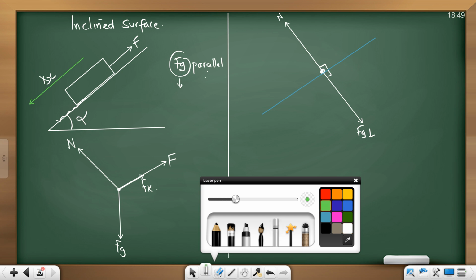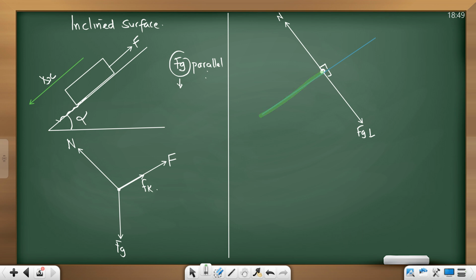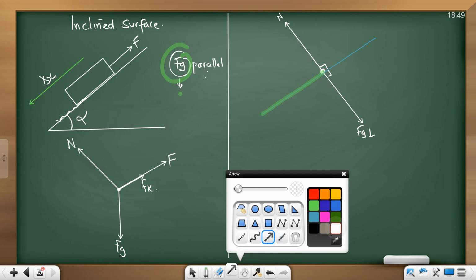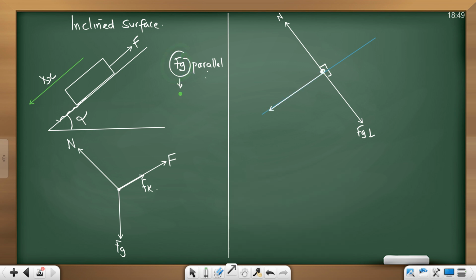That's why be mindful of the things you say. That's parallel to the surface, right? Also parallel to the surface. But one is parallel up and the other one parallel going down. But we are talking about FG, which is always acting where? Good. So now how do we draw my FG parallel? That way.